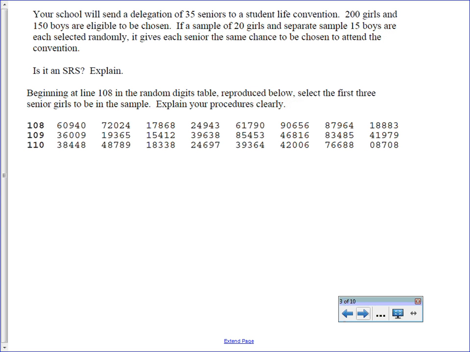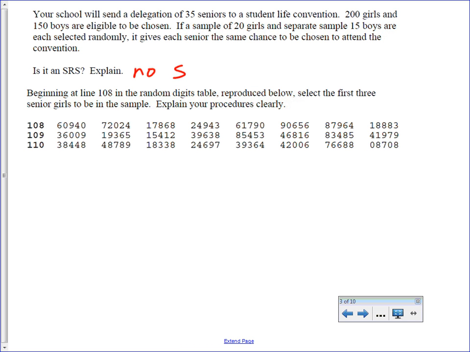Your school will send a delegation of 35 seniors to a student life convention. 200 boys and 150 girls are eligible to be chosen. A sample of 20 girls and a separate sample of 15 boys are each randomly selected. Is it an SRS?